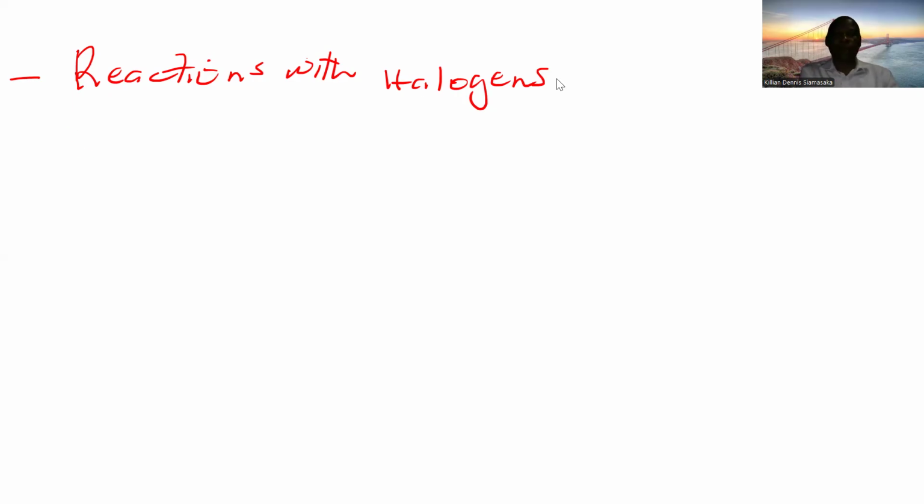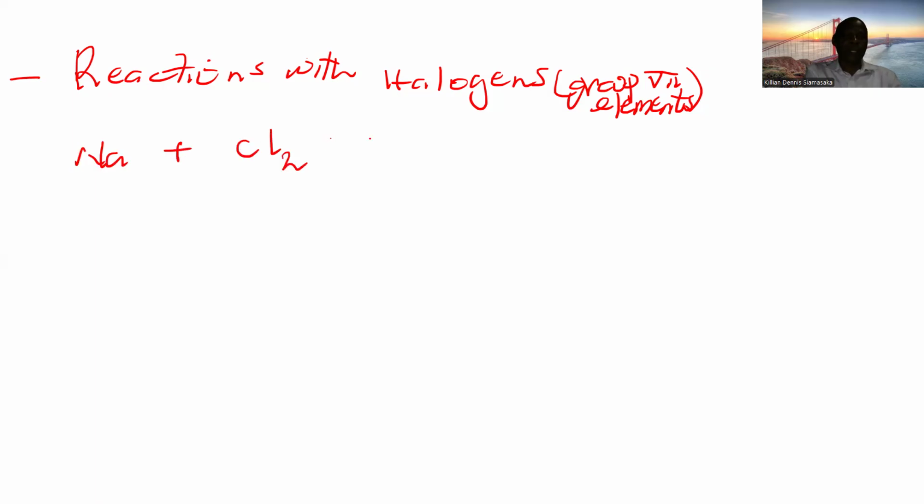Halogens are group 7 elements. So when they react, they form salt. For example, sodium in group 1 will react with chlorine to form sodium chloride. This is a salt.